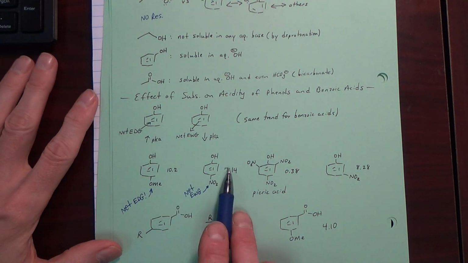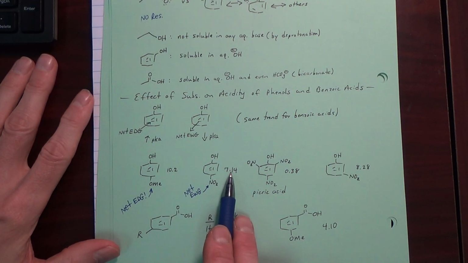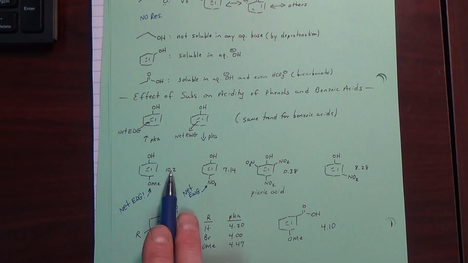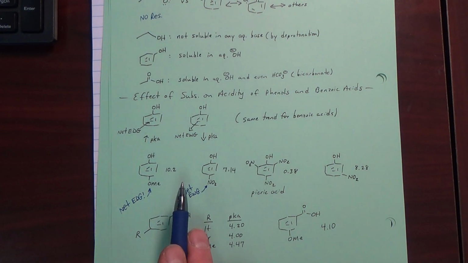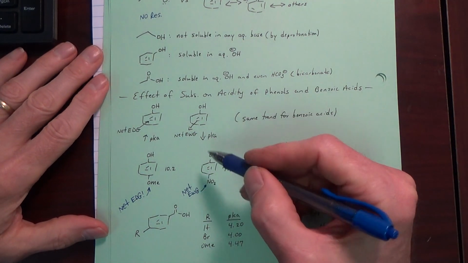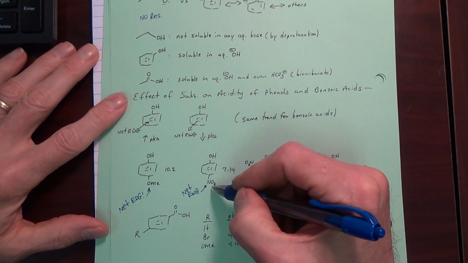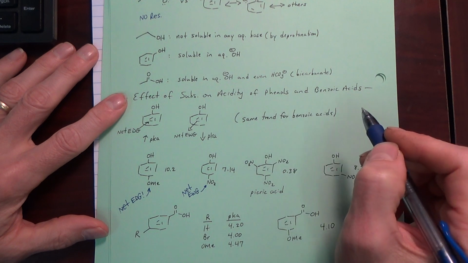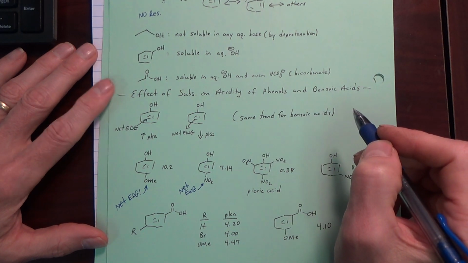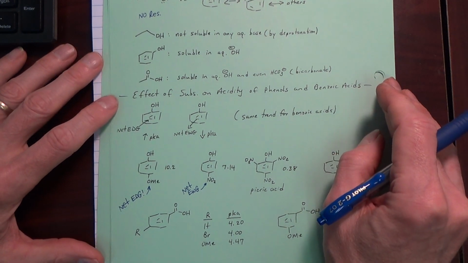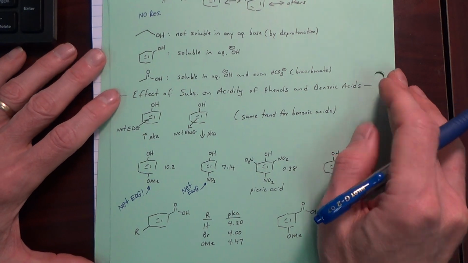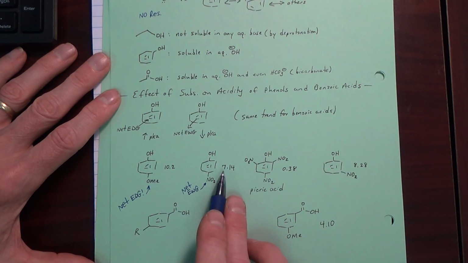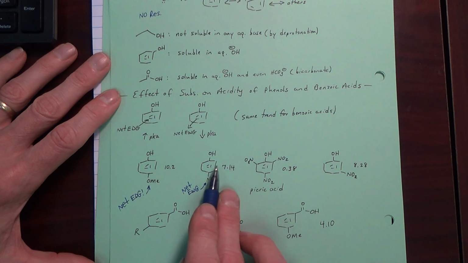Now, there's actually a significant drop of about almost 3 pKa units, where this only slightly rose. That's because the nitro group is really a powerful electron withdrawing group. It withdraws both by induction and resonance. So this is a significant drop.